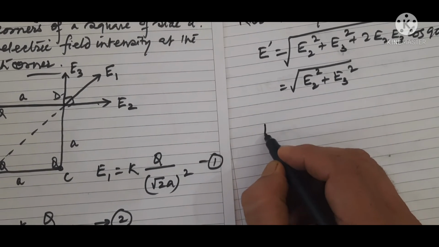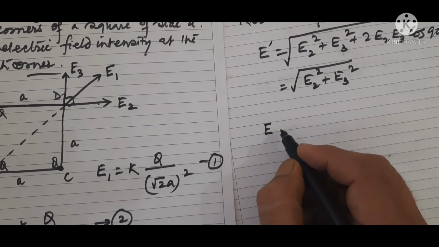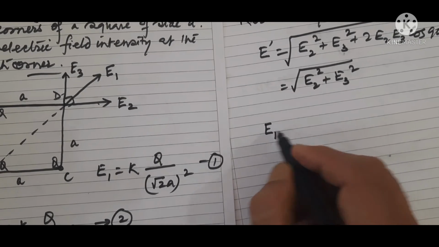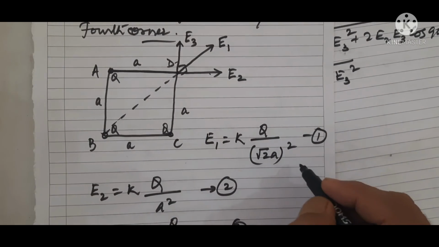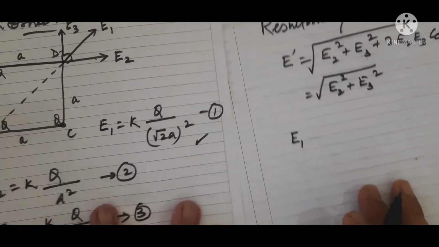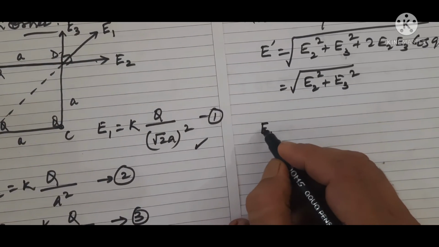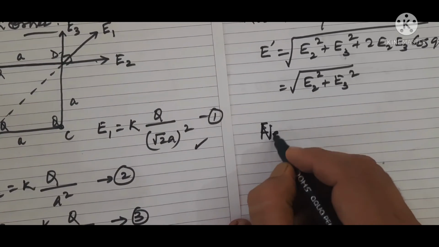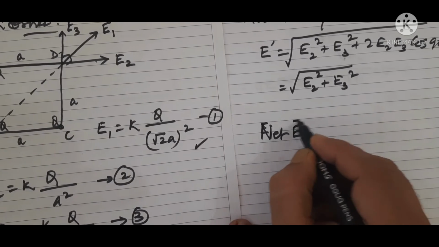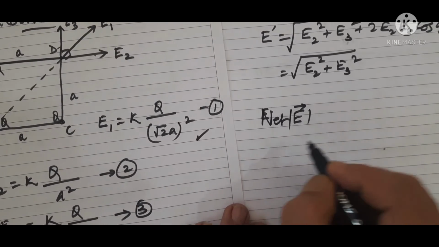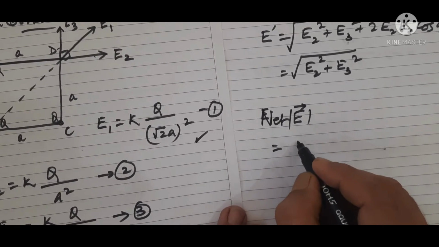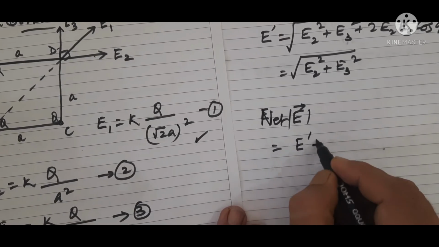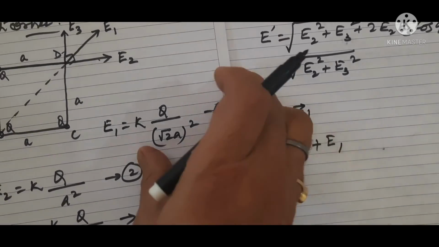Similarly, E1 is already known. So net electric field is equal to E dash plus E1. What is E dash?